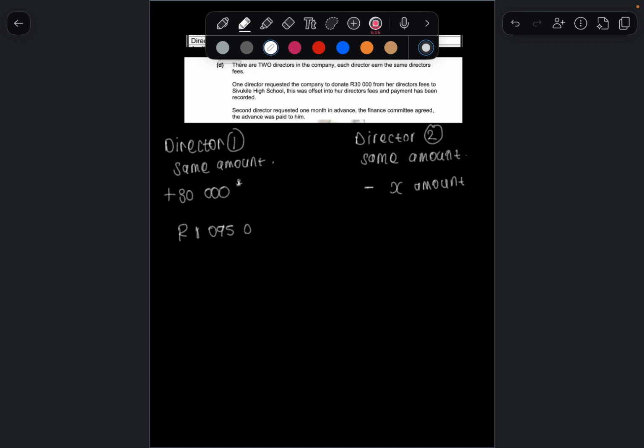So this 1,095,000 incorporates the 30,000 being less, 30,000 less from one director. It also incorporates an extra payment from the second director.